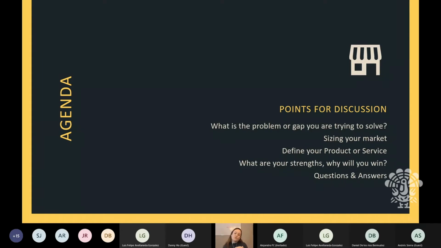As I mentioned during the introduction, we have different modules from a business planning perspective. This module in particular is focused on your customer, your market, and defining your product or service.